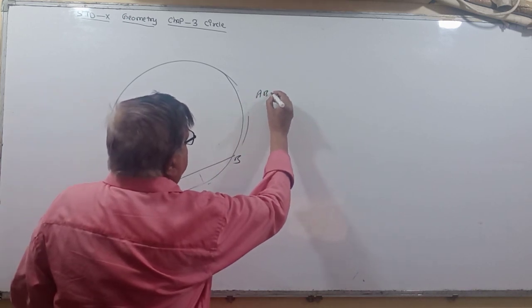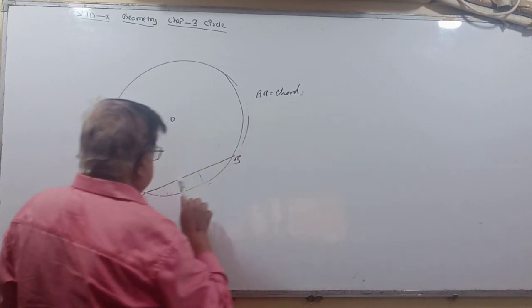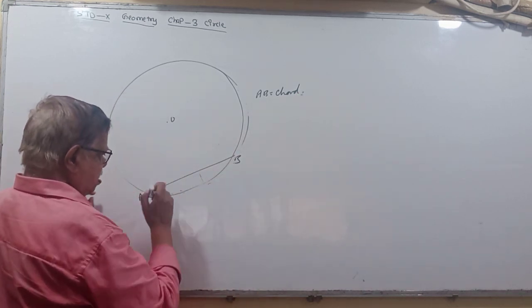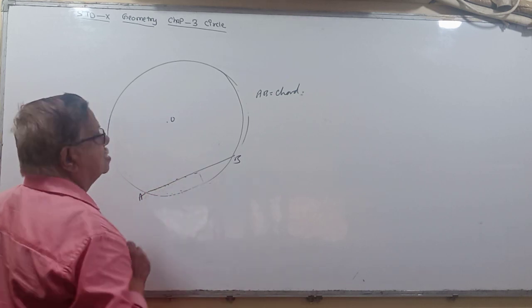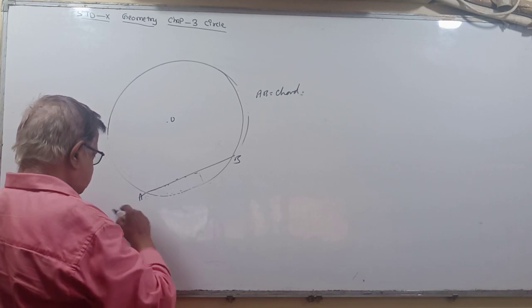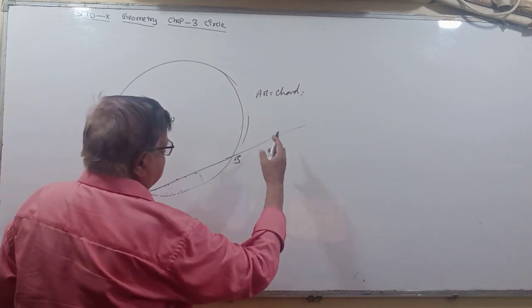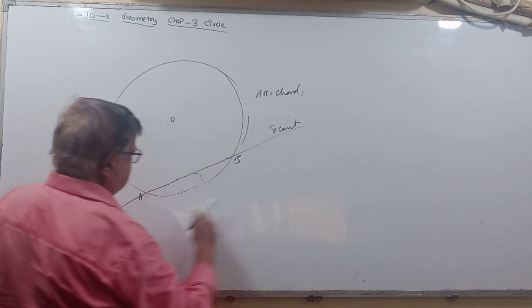AB is a chord. A chord starts from the circle and ends on the circle. All the points from A to B form the chord. Suppose we draw a line containing the chord. This is called a secant.